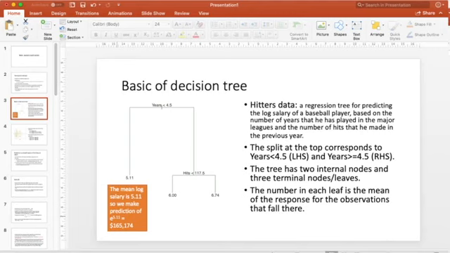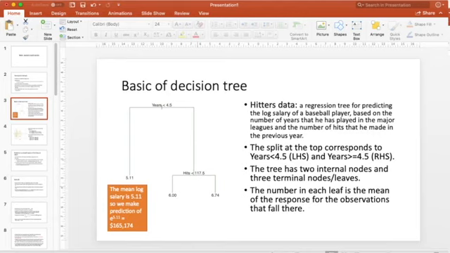This might be per year or based on a month, I'm not really sure. We have to go back to the data set. Obviously what we see here is that if you have fewer years of experience, your income is going to be lower compared to if you have more than 4.5 years of experience.